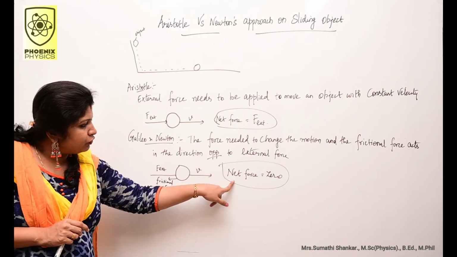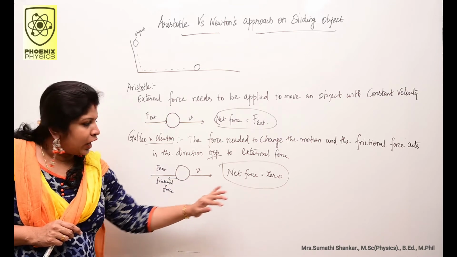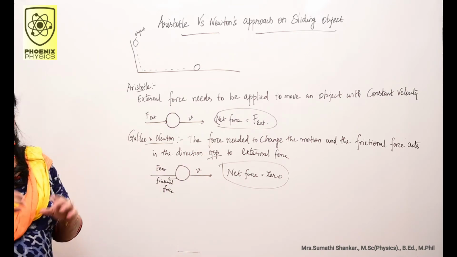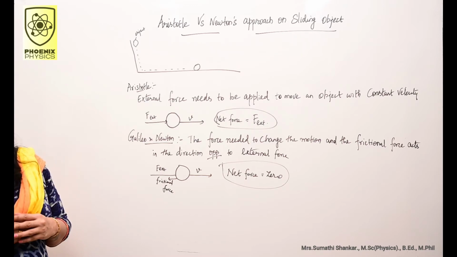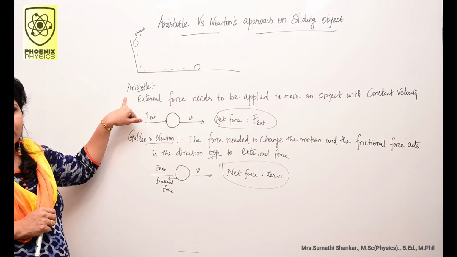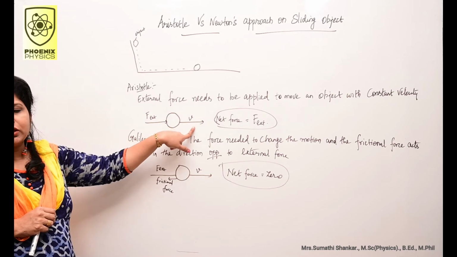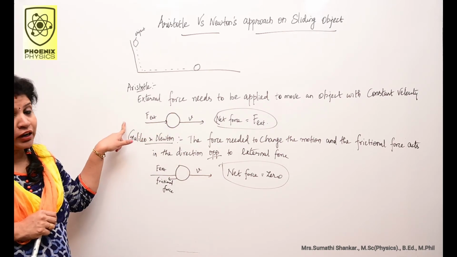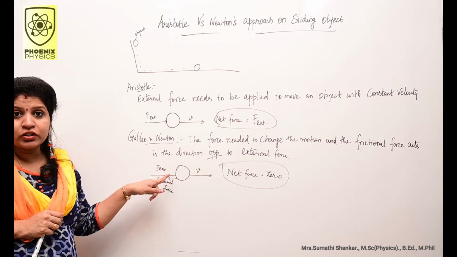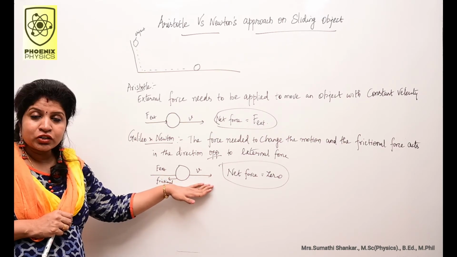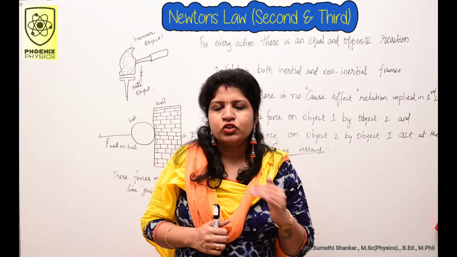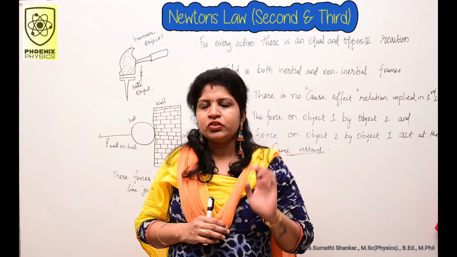Here the net force is 0 and the object moves with the constant velocity. So what is the conclusion here? Aristotle said for constant velocity the body requires external force, but Galileo and Newton said for constant velocity no force is needed.